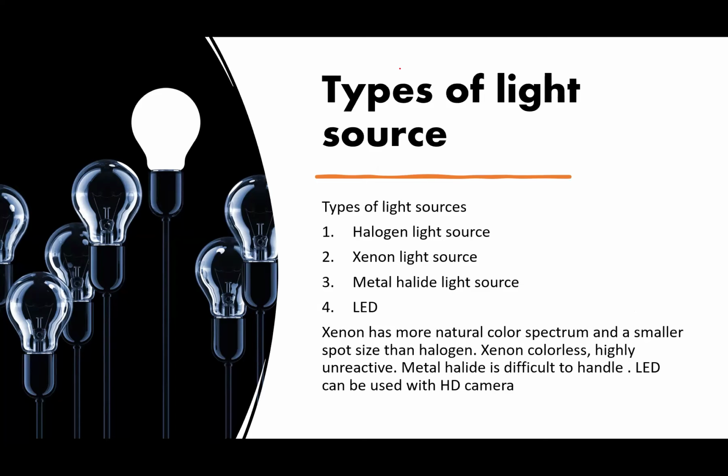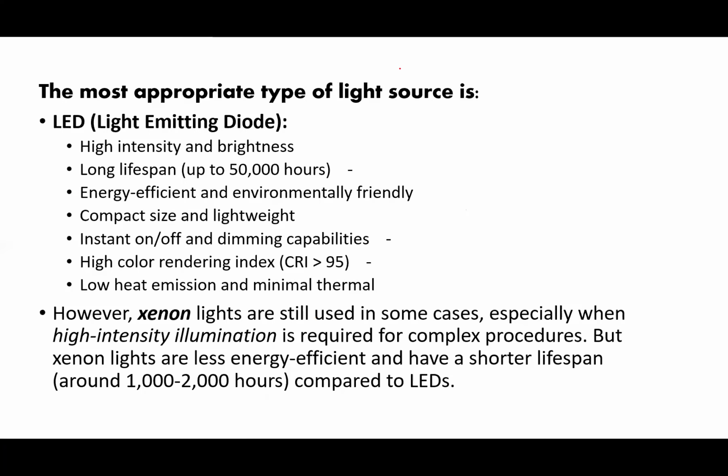Xenon is colorless, highly unreactive. Metal halides are reactive and difficult to handle, but LED can be used with a high definition camera. So the most appropriate type of light source is the LED, light emitting diode.